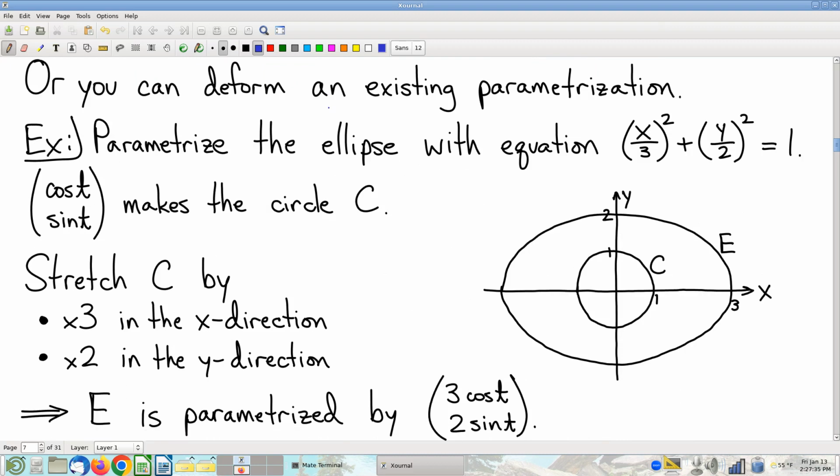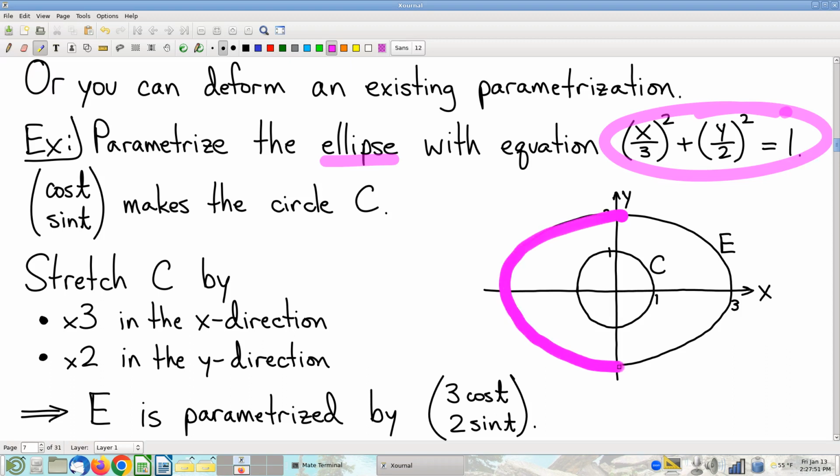Here's another one. Sometimes the thing you want to parameterize is not that different from something you can already parameterize. For example, suppose you want to parameterize this ellipse with that equation, which you all remember from Algebra 2, looks something like that. How would I parameterize that ellipse? Here's the thing.